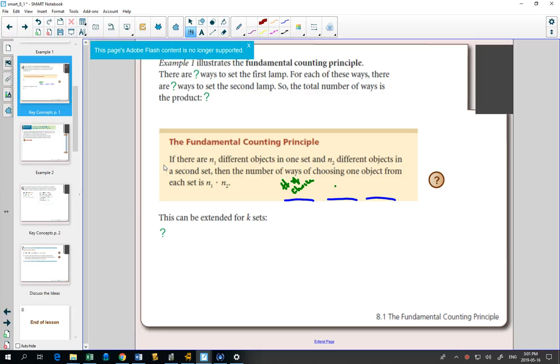So with the trumpet, we had 3 decisions. Each one had 2 choices. For the fans, we had 3 decisions. Each one had 3 choices. Okay? You can now figure out how many different outfits you could wear when you want to come to school. Because you look, how many pairs of pants do I own? How many shirts do I own? How many pairs of socks do I own? And each one is a decision.